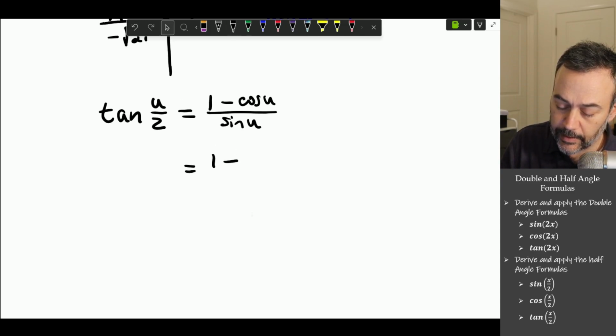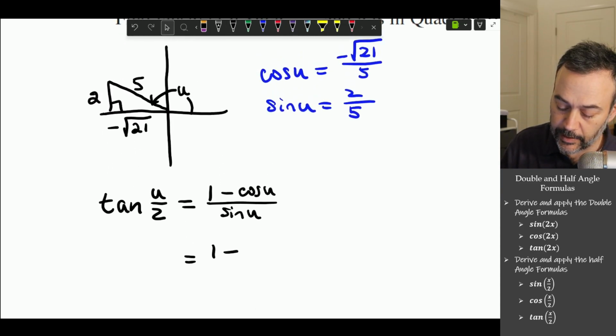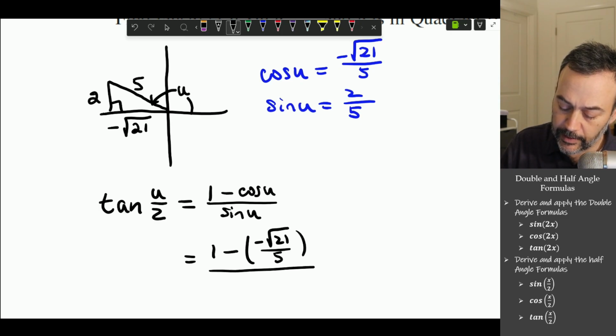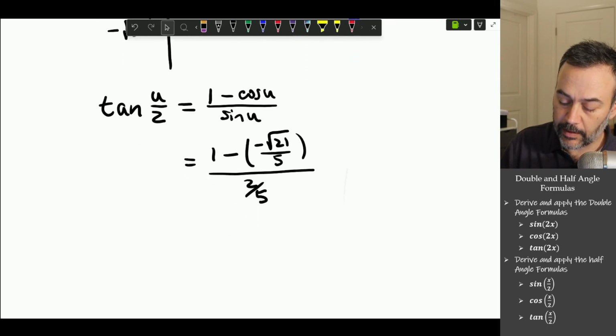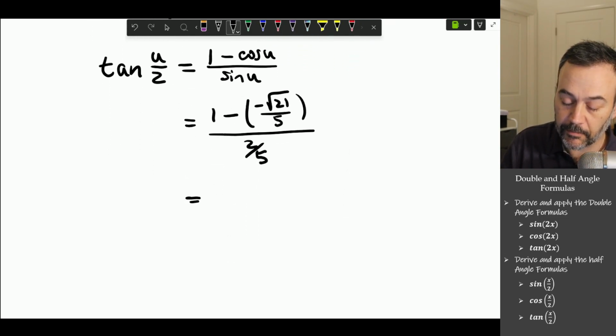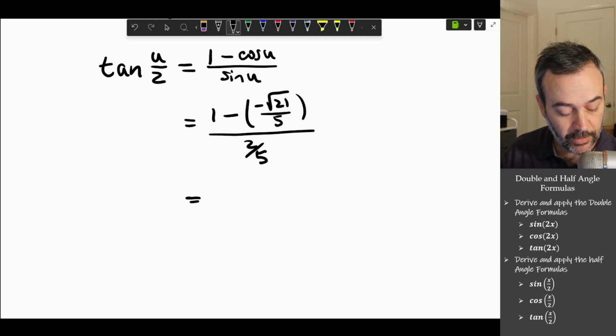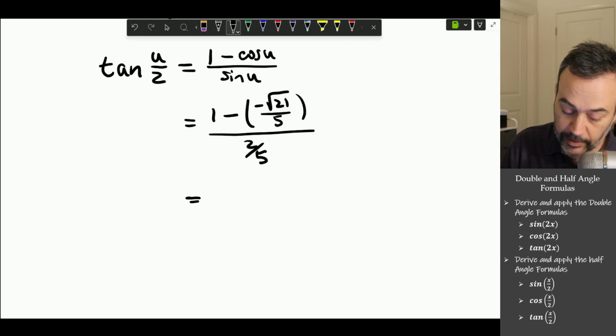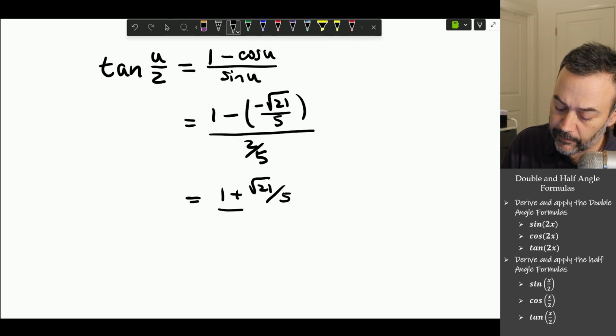One minus, and cosine u is negative root 21/5, all over sine of u, which is 2/5. And this is actually much simpler than the way I was going to do it. I just realized right now that I can do this in a simpler way. And so I get 1 plus root 21/5 all over 2/5.